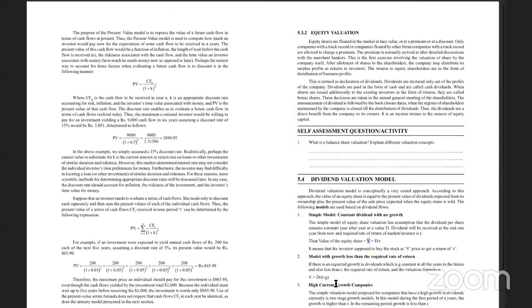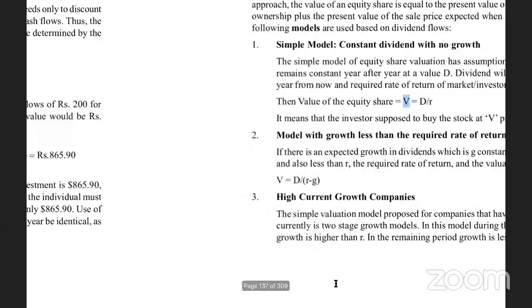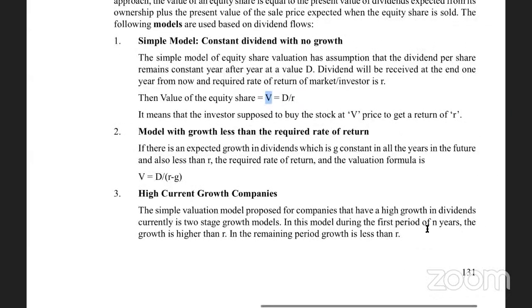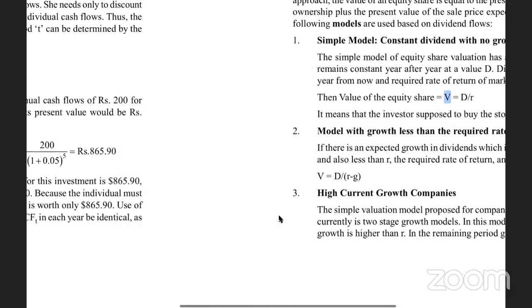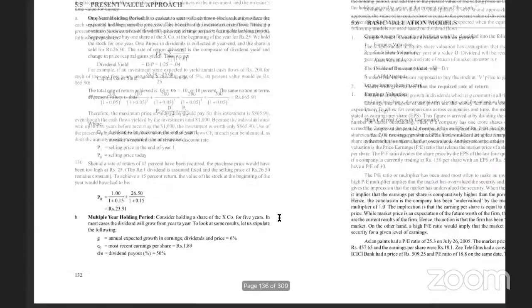High growth companies. The simple valuation model proposed for companies that have a high growth in dividends currently is two stages. There are three types of companies: high growth companies, normal companies, and low performing companies. That is not given. Without giving that, straight away he went to the next point. That is our confusion.